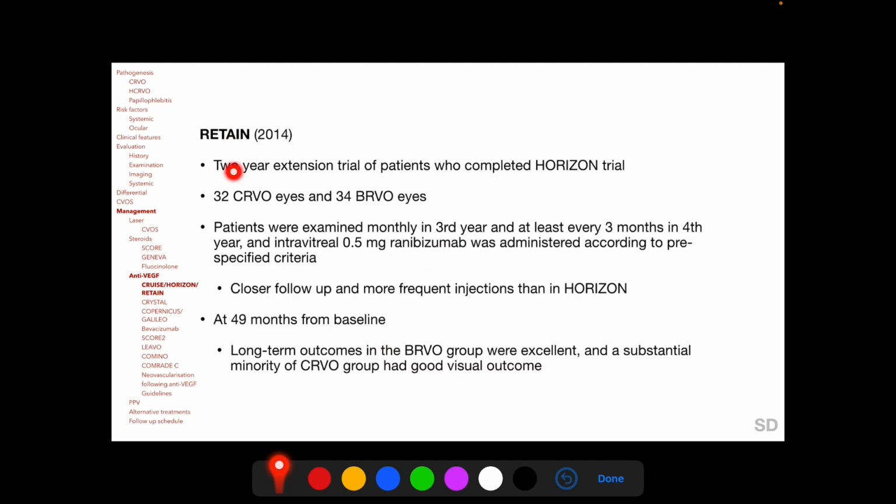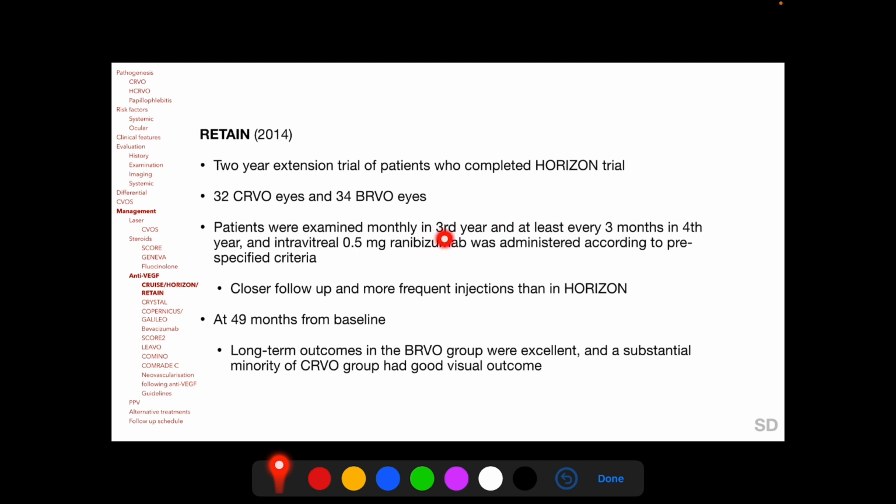The Retina was a 2-year extension trial of patients who completed the Horizon trial and included 32 CRVO eyes and 34 BRVO eyes. The patients were examined monthly in the 3rd year and at least every 3 months in the 4th year, and intravitreal 0.5 mg ranibizumab was administered according to pre-specified criteria.